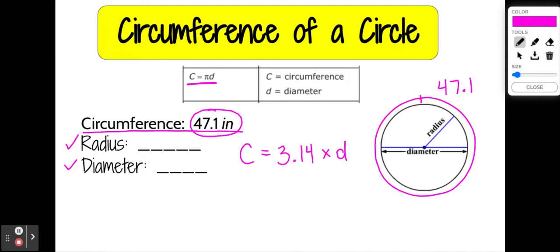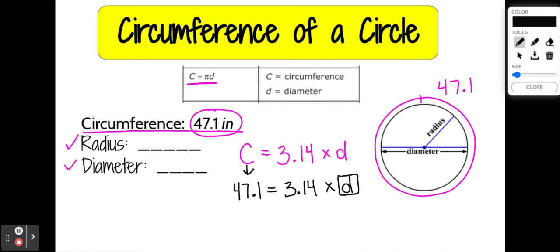All right, let's switch it to black so you can see what I'm doing. Okay, well, let's look at what we know. We know the circumference. So I'm going to plug in the number 47.1 where I see the circumference. 47.1 equals 3.14 times the diameter. Could we use this information in order to find our diameter? Could we solve an equation or work backwards?